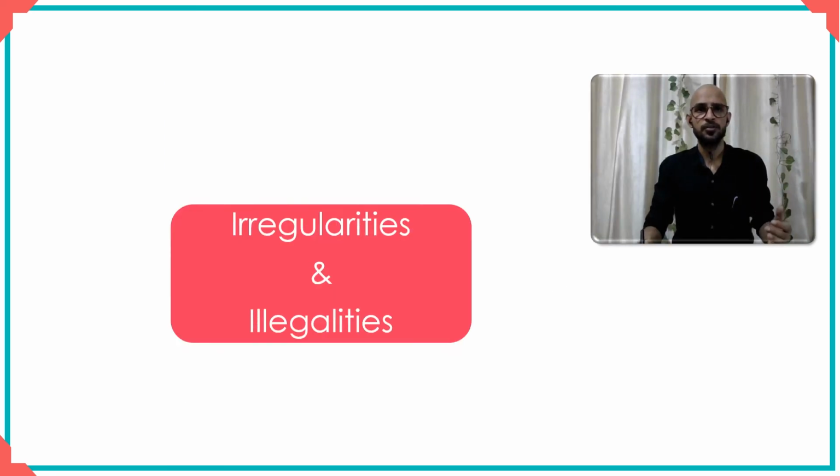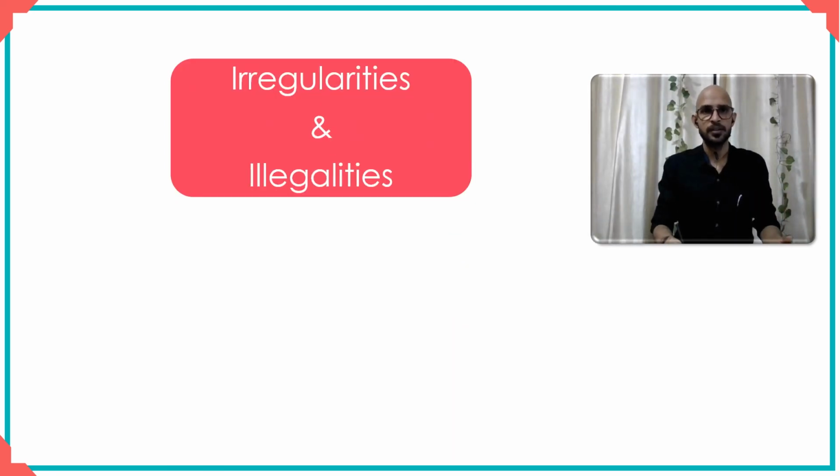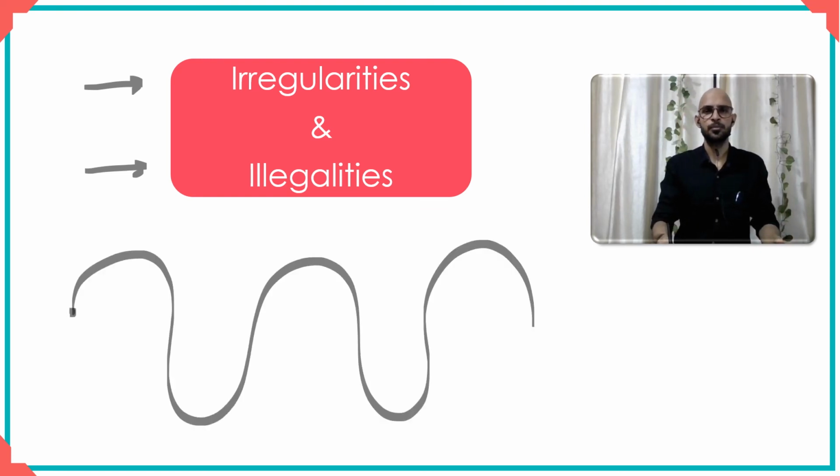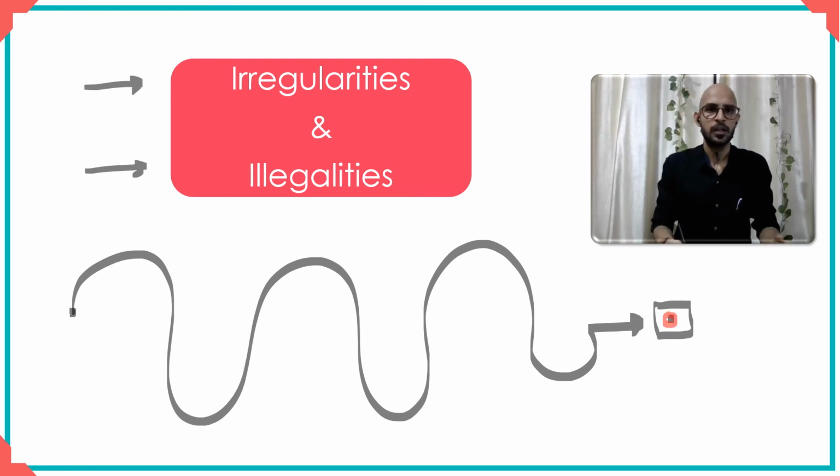To sum up our discussion on illegalities and irregularities, we understand that both illegalities as well as irregularities are a deviation from the prescribed path. So let us say this is the path that has been prescribed by the procedural law, and this is the destination. Right? So we know that this is where you have to finally reach. Now, it is possible that one has deviated from this route. Instead of going straight, you perhaps went like this.